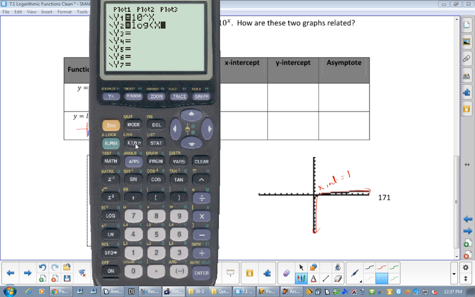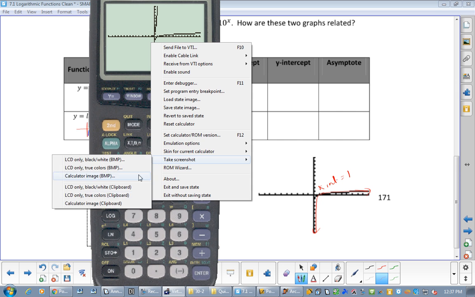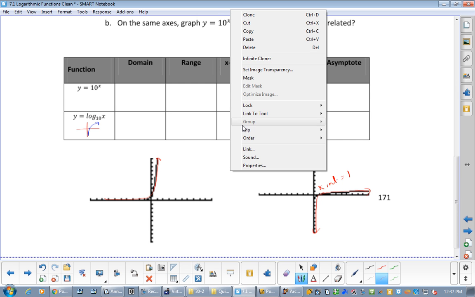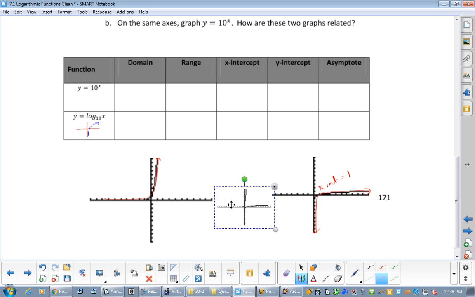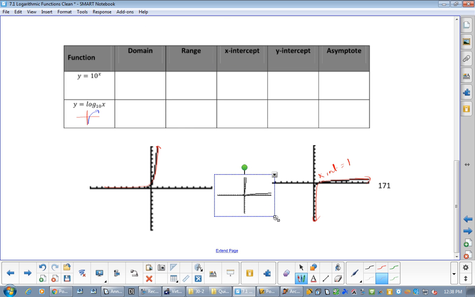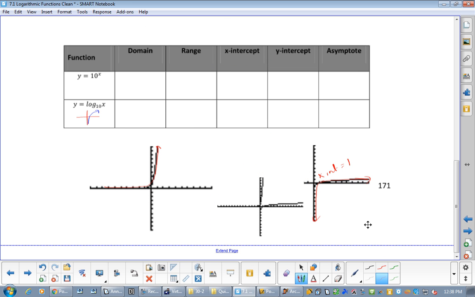So log x, and instead of zoom 6, I'm going to hit zoom square, which is 5. Okay, and again, take a screenshot, put it down here, because I think it's kind of important to see what's going on here.